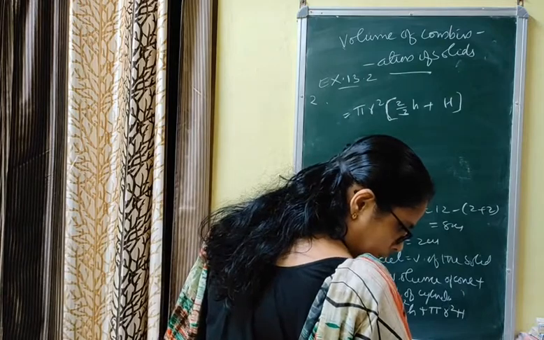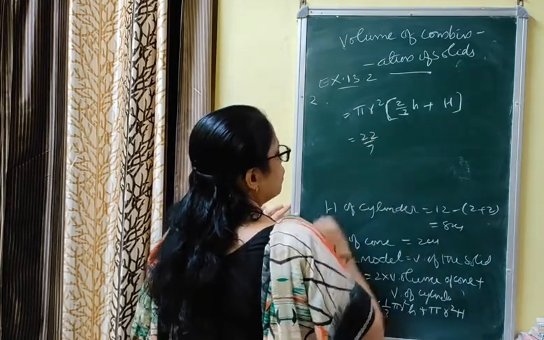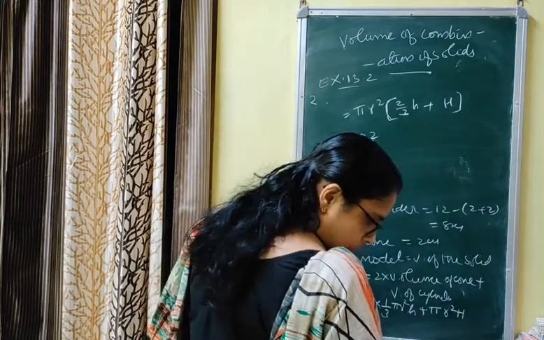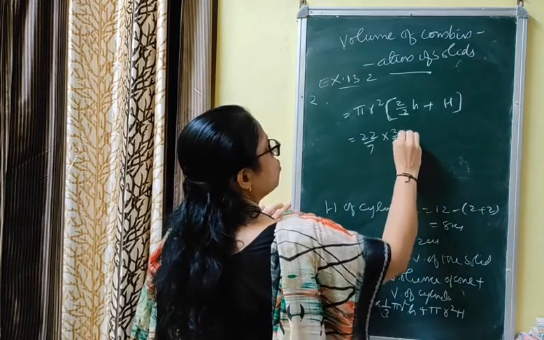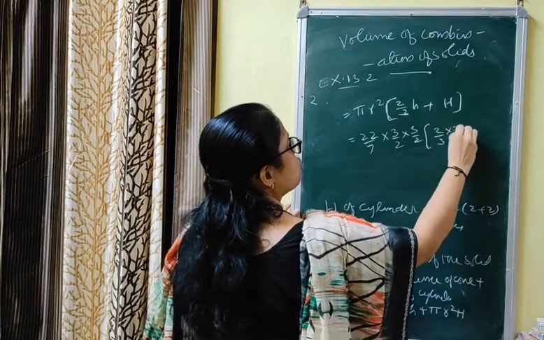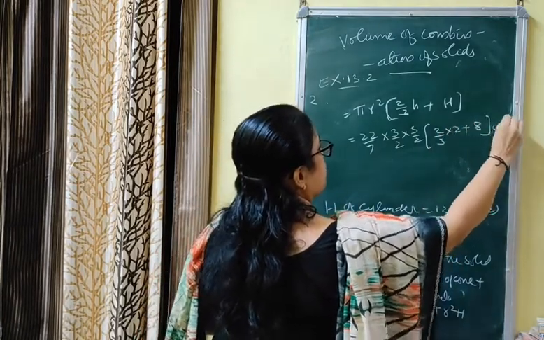2 by 3 h plus capital H, that is put the values of pi equal to 22 by 7, and r is given as 1.5. 1.5 can be written as 3 by 2 into 3 by 2 into 2 by 3 into h of cone is 2 plus h of cylinder is 8 cm cube. Last में unit लिखना.